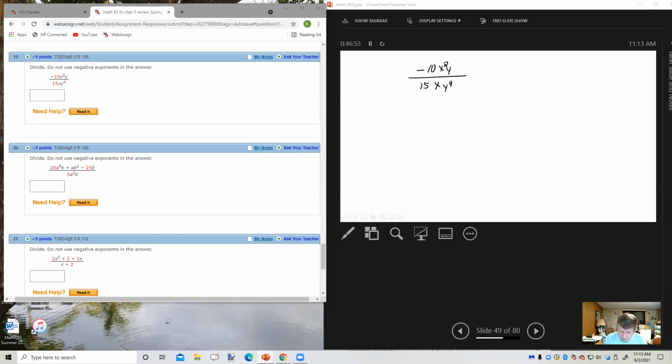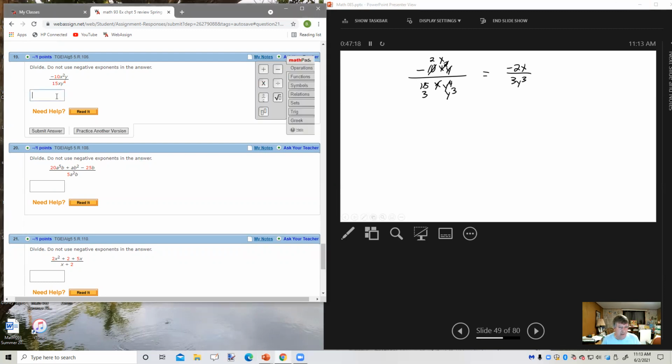Okay, so 10 over 15 is going to be what? 2 over 3. X squared over x is going to be x. And y over y to the 4th is 1 over y to the 3rd. So I've got negative 2x over 3y cubed.